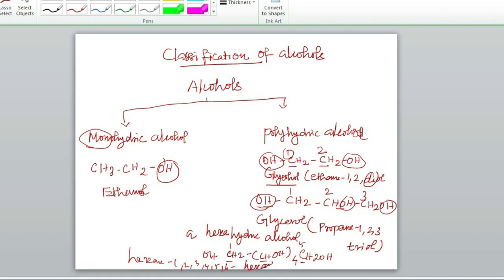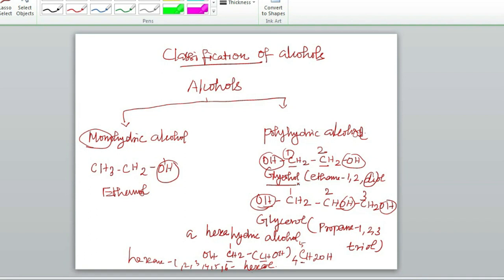This is named hexane-1,2,3,4,5,6-hexol. Hex means 6, hexol. So this is commonly how we classify alcohols.